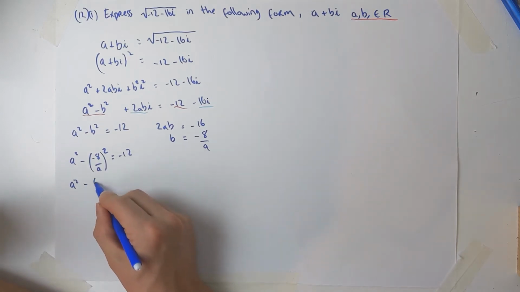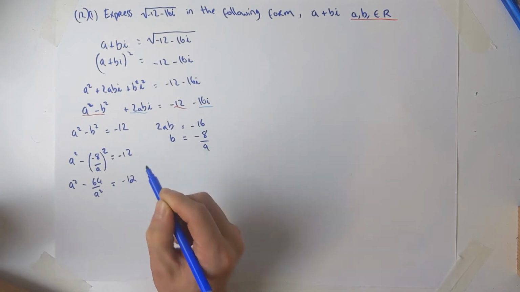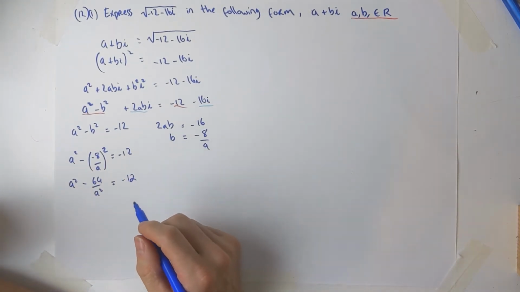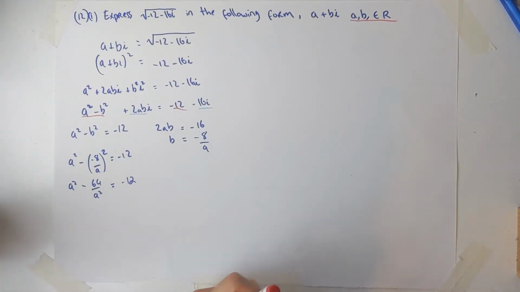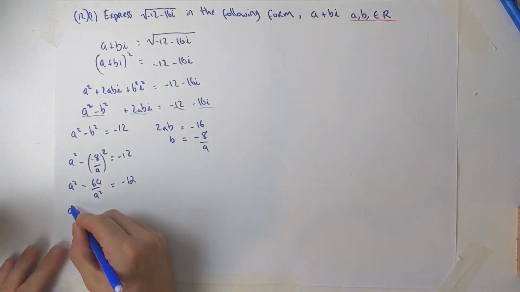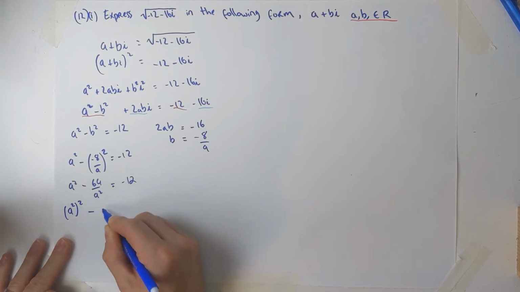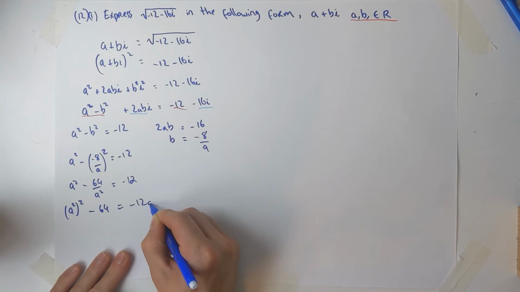So it's minus 64 over a squared is equal to minus 12. I'm going to form a quadratic now. And again, if you can't see it, multiply everything by a squared. You have a squared squared minus 64 is equal to minus 12a squared.